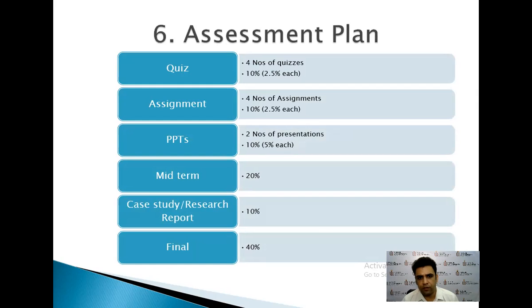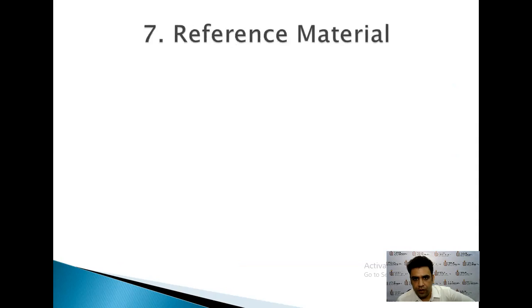There will be 4 quizzes, 4 assignments, 2 presentations, 1 research report, and midterm and final. The percentage will be divided as follows: quizzes, assignments, and presentations will be 10% of total marks, while midterm is 20% and final term is 40%. And 10% is the research report.